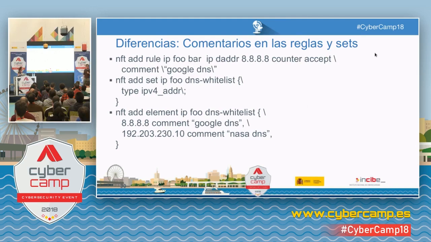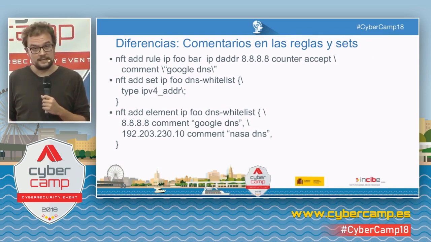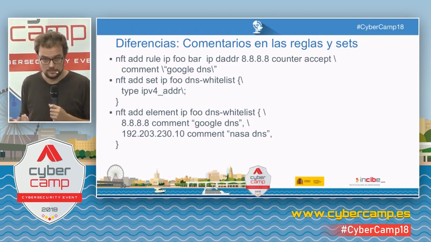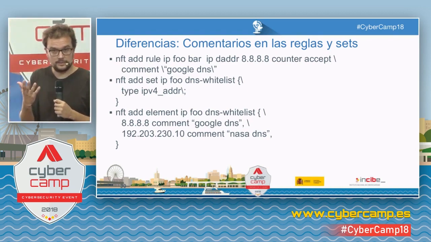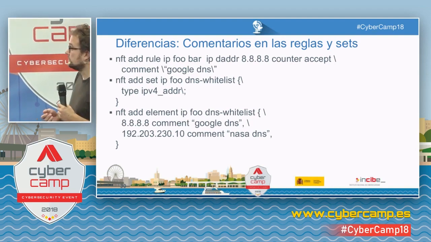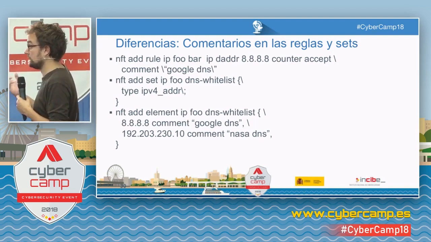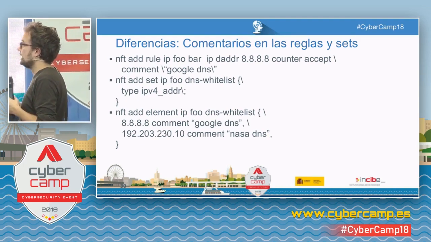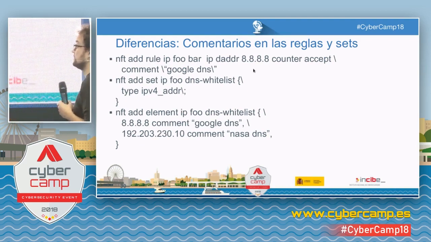As we said at the beginning of the presentation, comments are important on iptables. When you have firewall rules, with tens of thousands of rules, sometimes it's good to remember why a rule is there, and it's much better if it can be done natively on the firewall policy. So comments can be added both to rules and to sets.